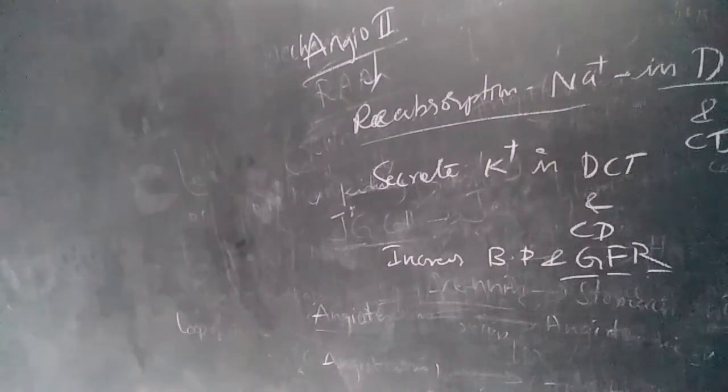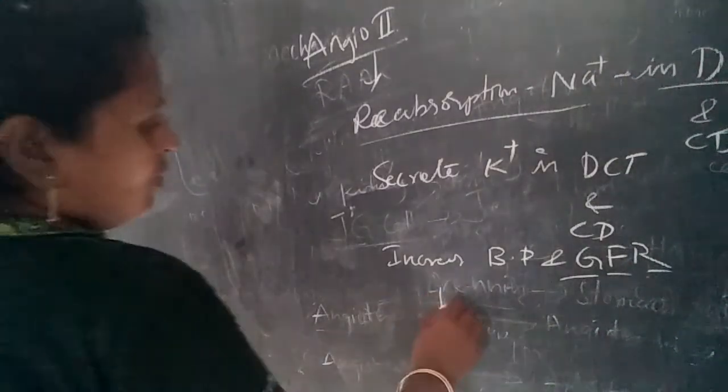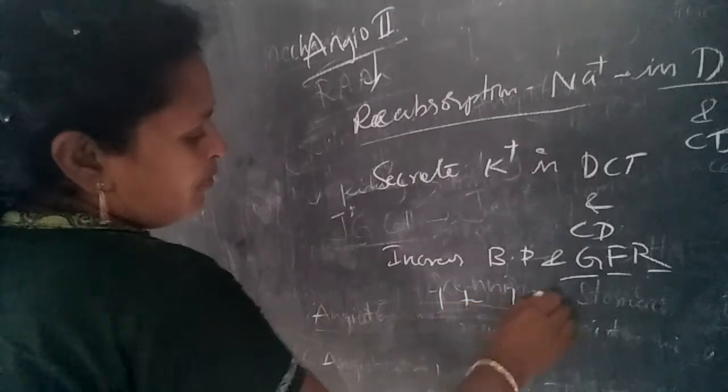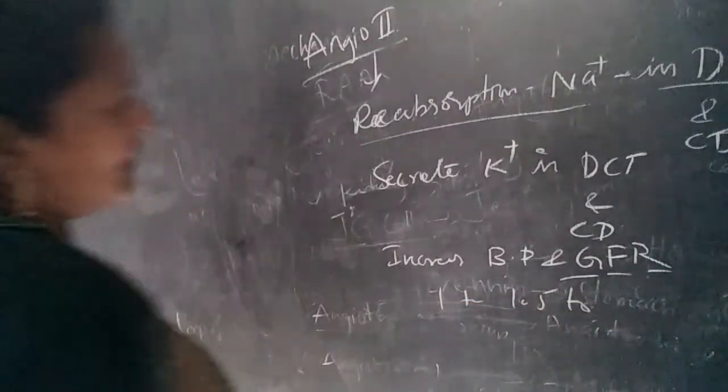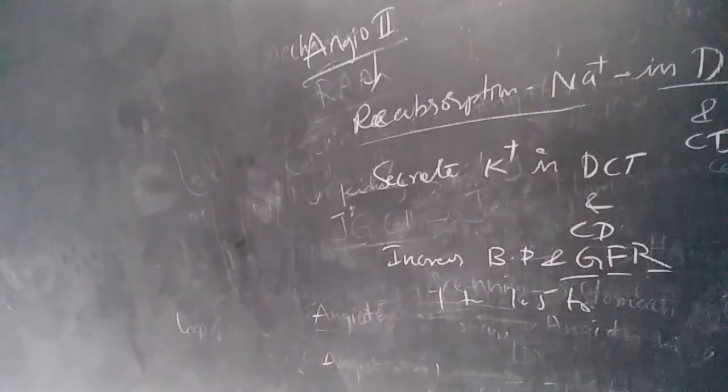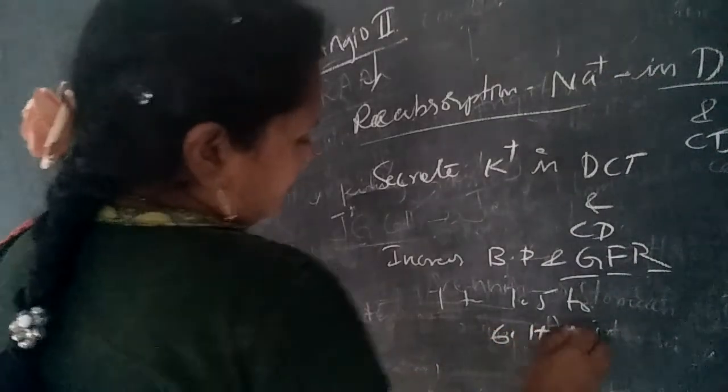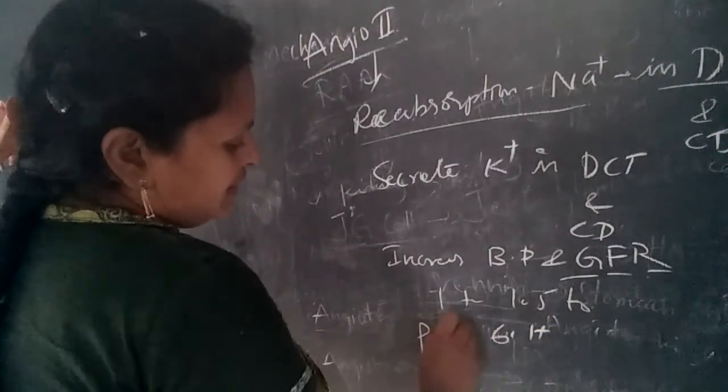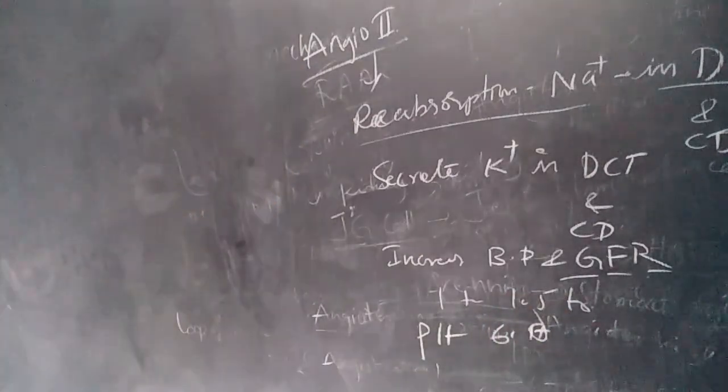Next one, urine. The adult man produces on average 1 liter or 1.5 liters of urine per day, and it is light yellow in color. Urine pH value is 6.0.